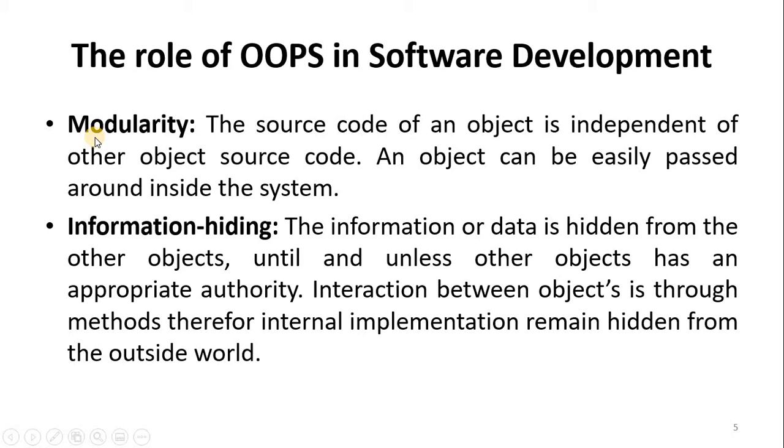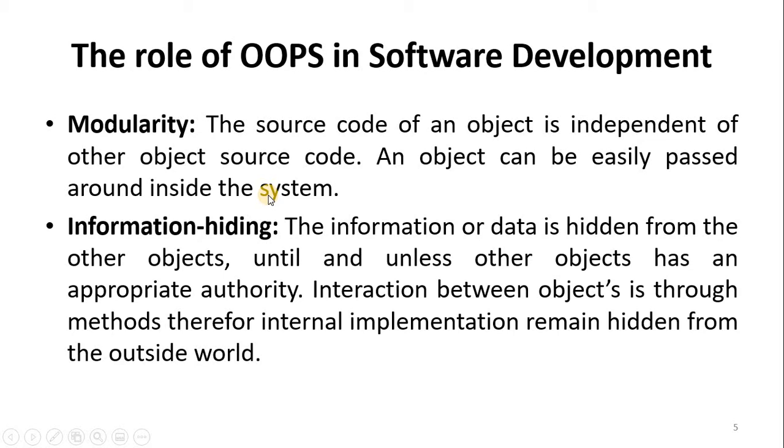The main thing is modularity. Modularity is nothing but the source code that we are typing. The source code we type will be created as an object. That object is independent of other objects' source code. One object is independent of another object. An object can easily be passed around inside the system.